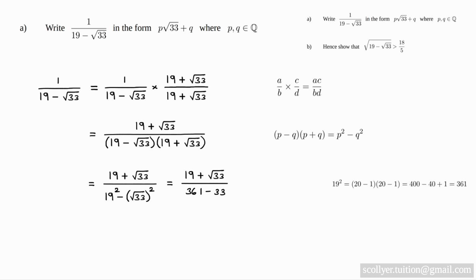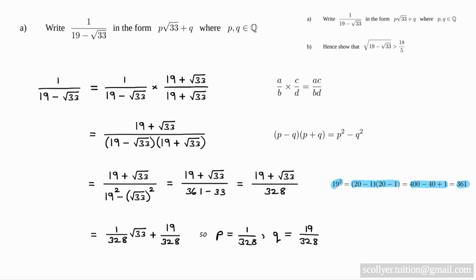And if we don't have a calculator, we can evaluate 19 squared as 20 minus 1 times 20 minus 1, which foils out to 400 minus 40 plus 1, which is 361. And so we get 19 plus root 33 over 361 minus 33, which is 19 plus root 33 over 328.